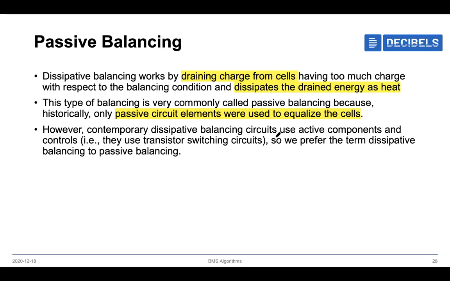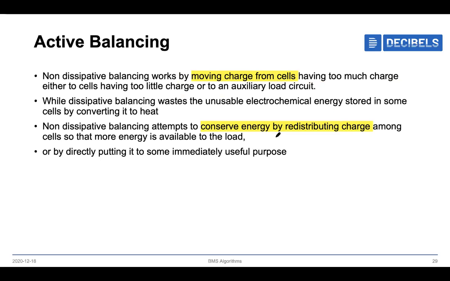That's what we do in passive balancing. Whereas in active balancing, we try to move the charge from the weak cell to the other cells or to an auxiliary load circuit, so that we can conserve some energy. Otherwise we are wasting the energy, which is not a good option.